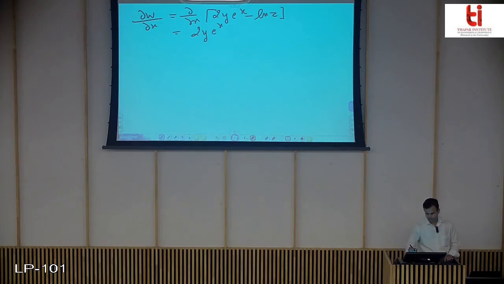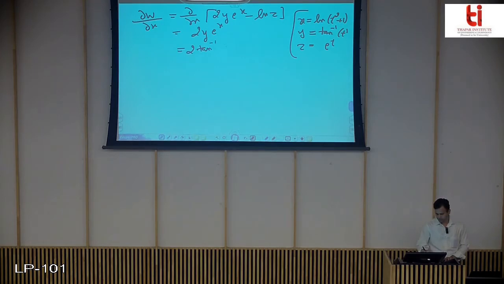And you have been given here x is equal to ln(t square plus 1), y is equal to tan inverse t, and z is given to be e raised to power t. So let me just substitute the values of x, y, z, and e^x is basically t square plus 1. So this is your del w by del x, say 2.